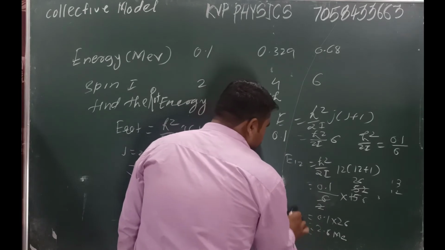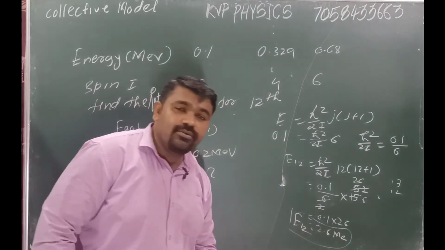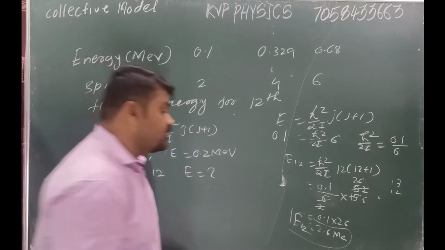So the energy of E12 is equal to 2.6 mega electron volt.